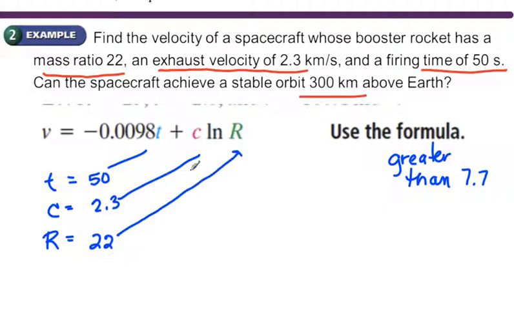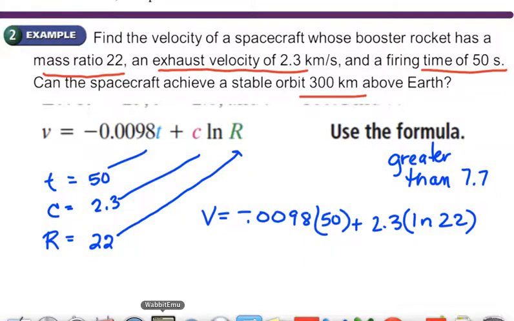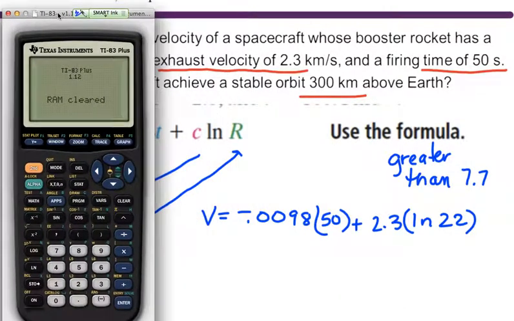So now all this is a matter of substitution, a simple matter of substitution and simplification. So we're going to have V equals negative 0.0098 times 50 plus 2.3 natural log of 22. And I'm going to go ahead and use the calculator. Again, using the graphing calculator only because it's what's right there readily available.